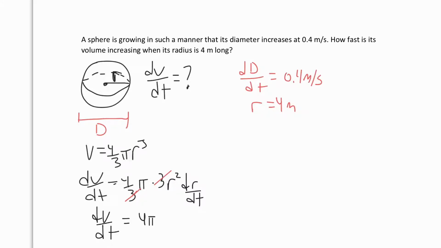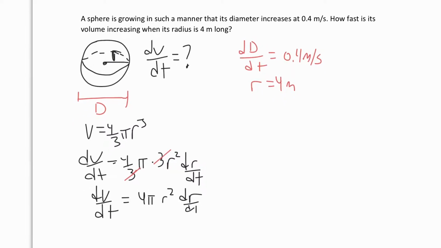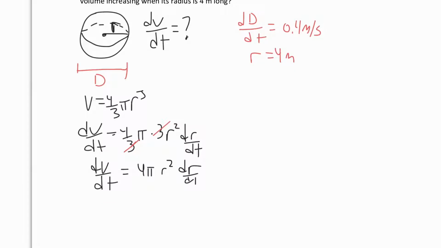Well, we know the r, so that'll be nice to plug in, but we don't know dr/dt. And so we need to do something to find this dr/dt. So that's going to be our task over on the side here. We need to determine dr/dt.